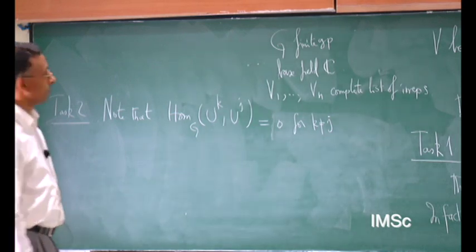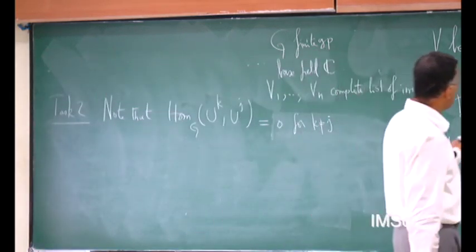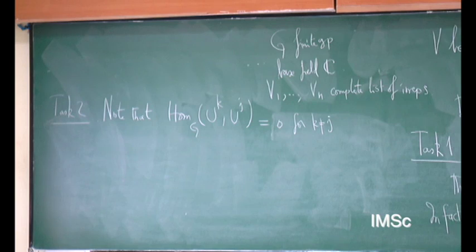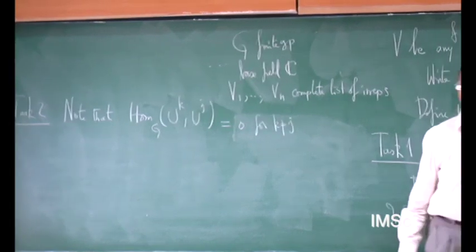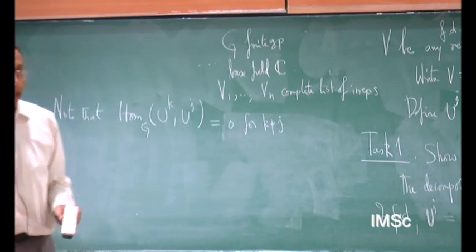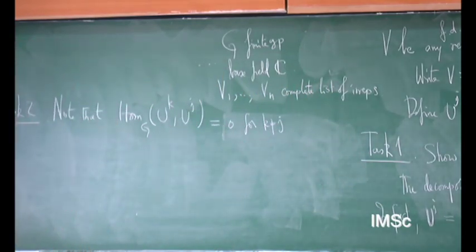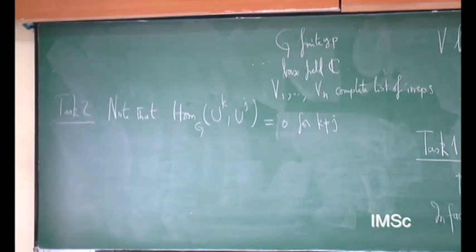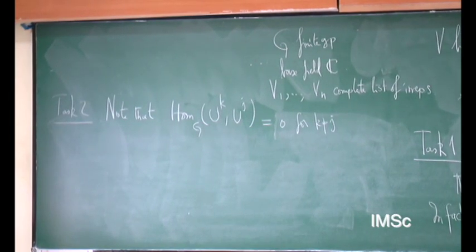Why? U upper j is a sum of copies of V lower j, and U upper k is a sum of copies of V lower k. But there can be no non-zero map from V lower k to V lower j unless k equals j, because they are irreducible and pairwise non-isomorphic.